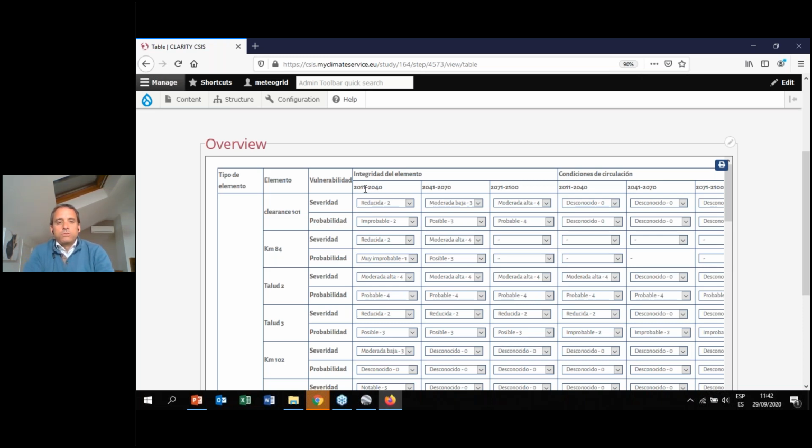So we have all the elements of the road.